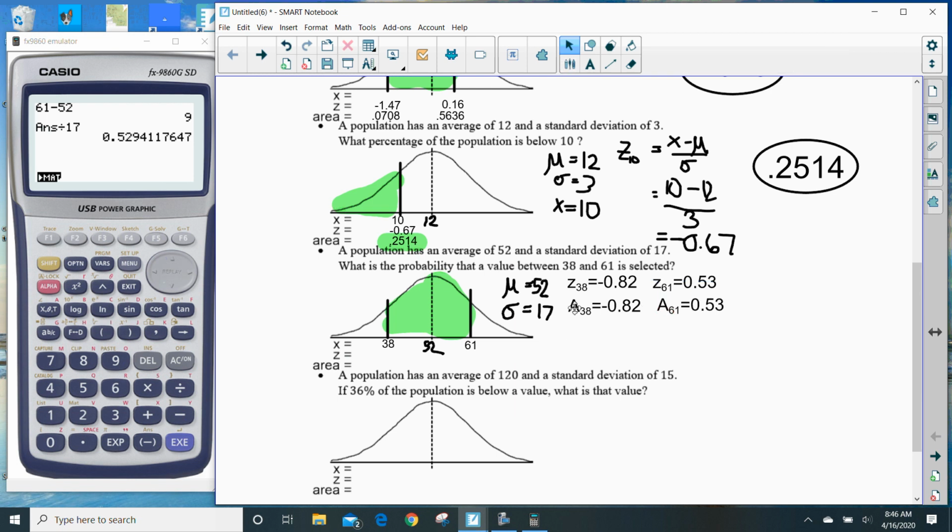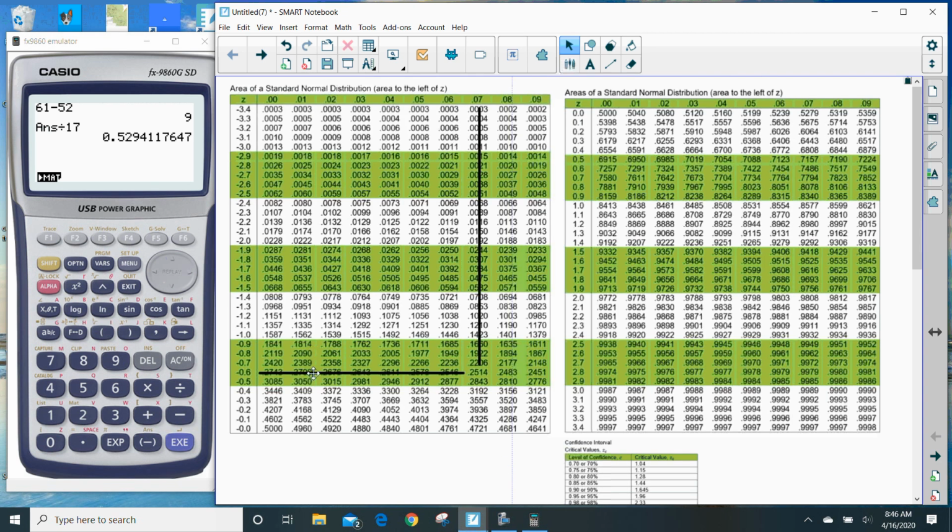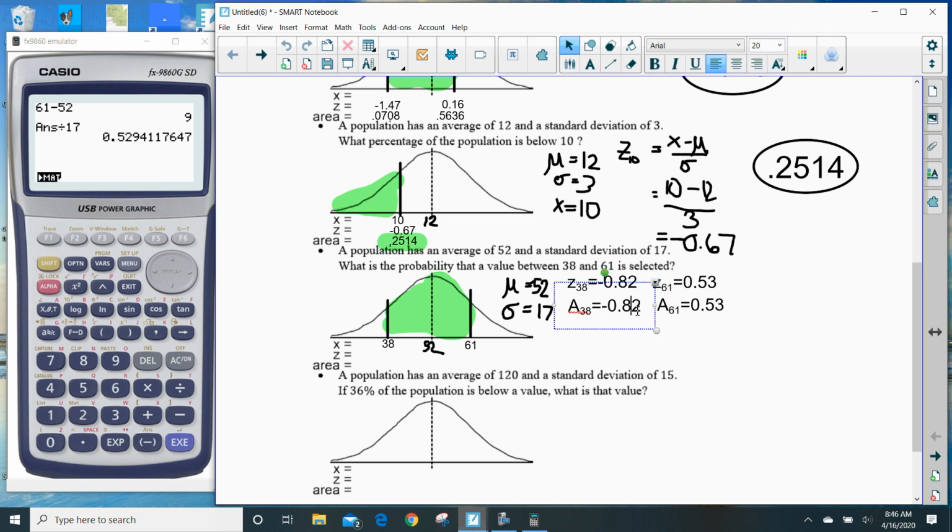So negative 0.82, negative 0.8, okay, is 2061. And the 61, which is 0.53.